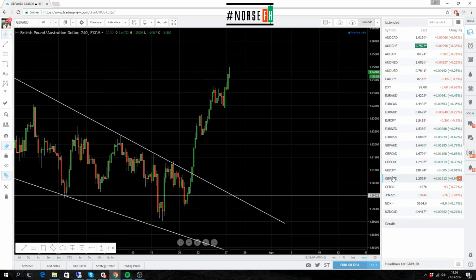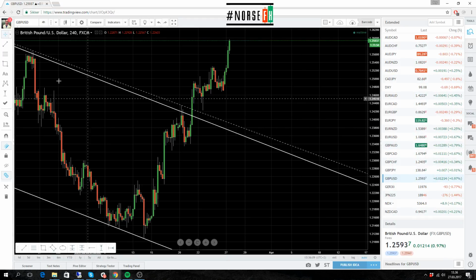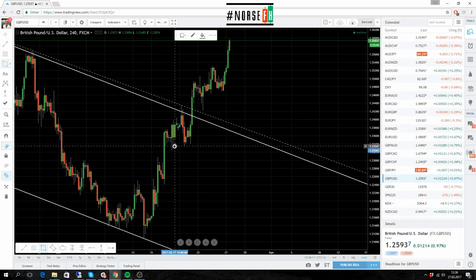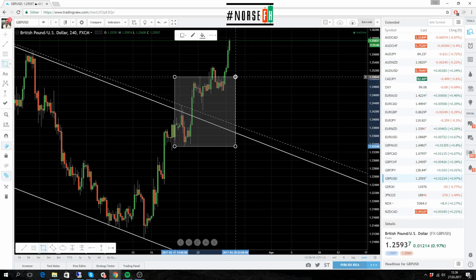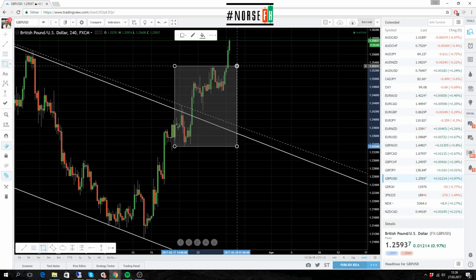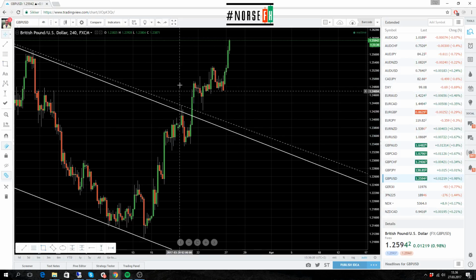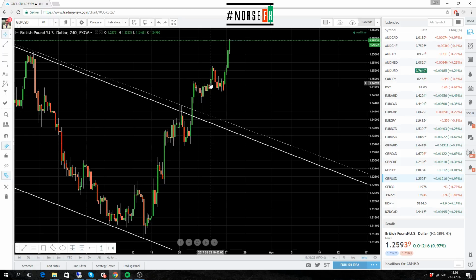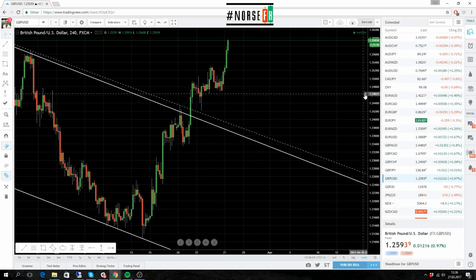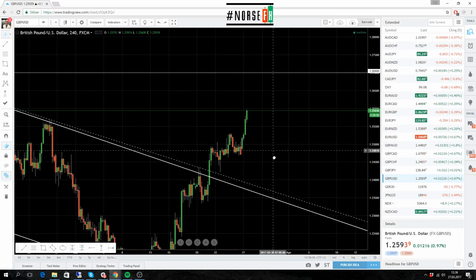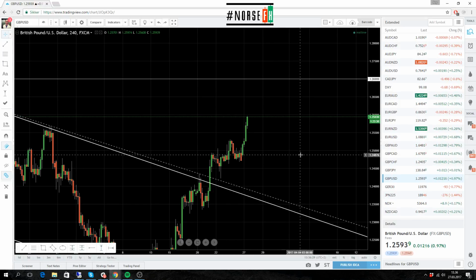Same goes for GBP USD. I used this leg for my stage 2, didn't get filled, moved it up here, didn't get filled. Now we are seeing the market explode even higher. So I'm now doing the exact same thing on GBP USD as I'm doing on GBP AUD.